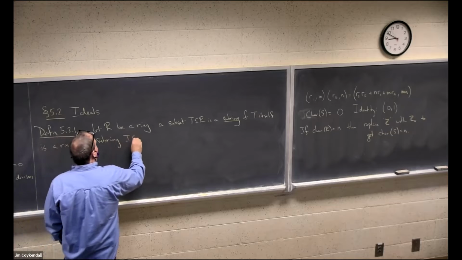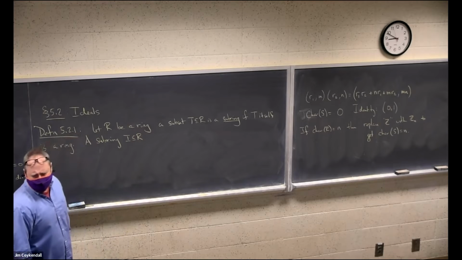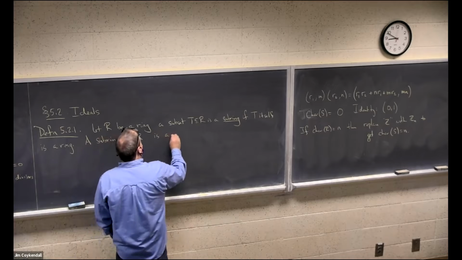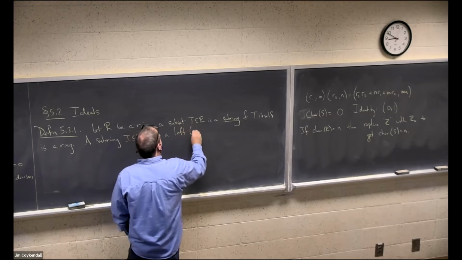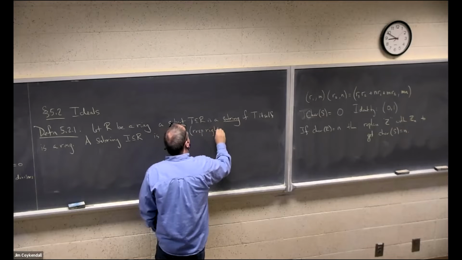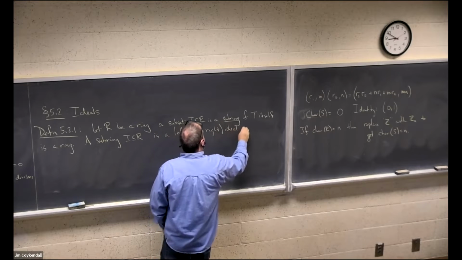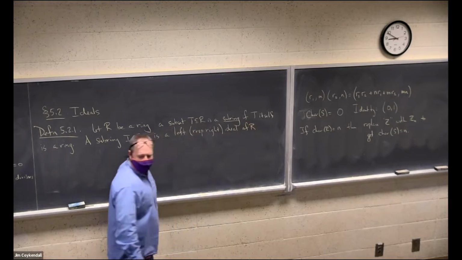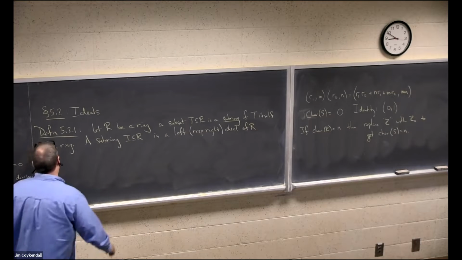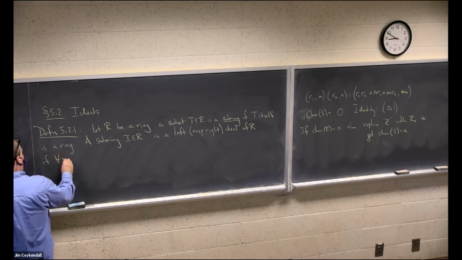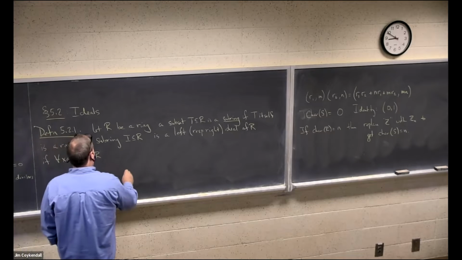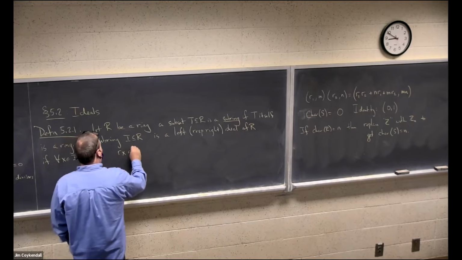A subring I in R, so this is just like the analog of subgroup, is called an ideal if for all x in I and r in R, rx is in I.